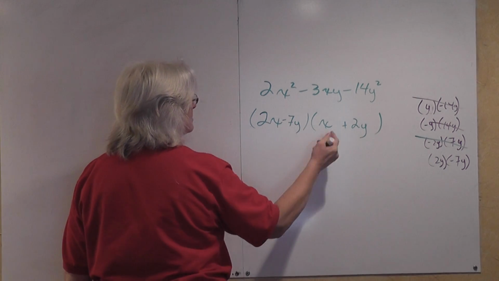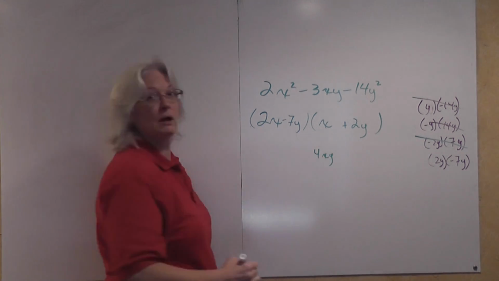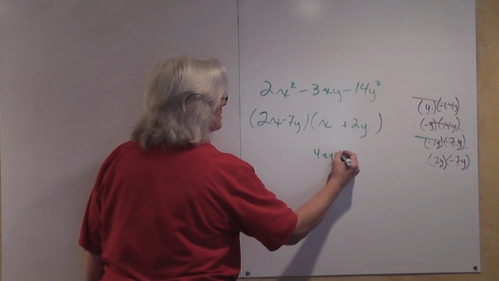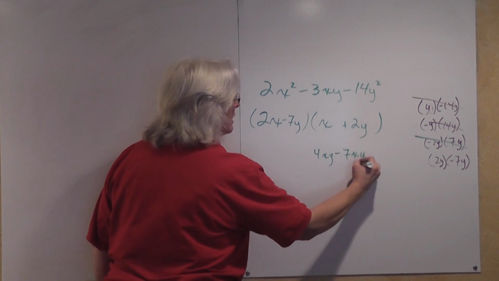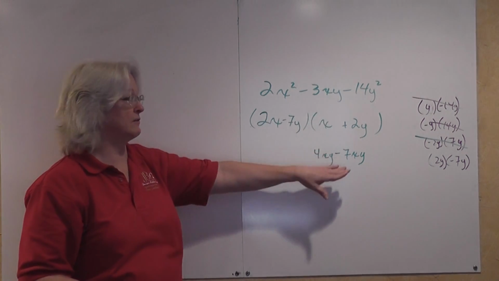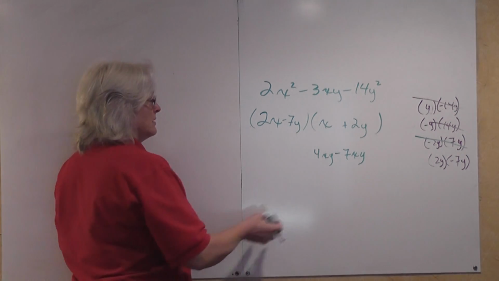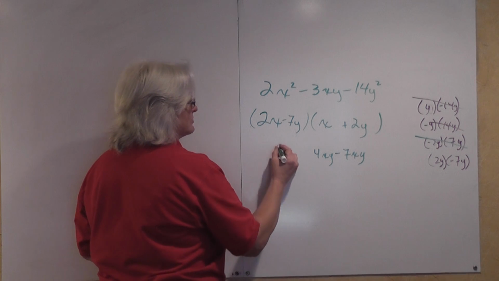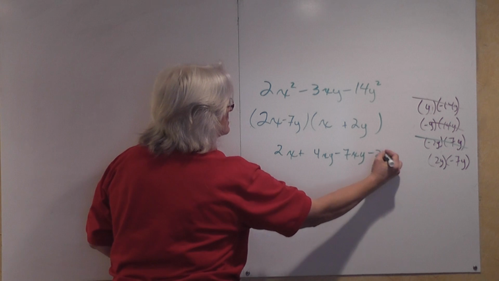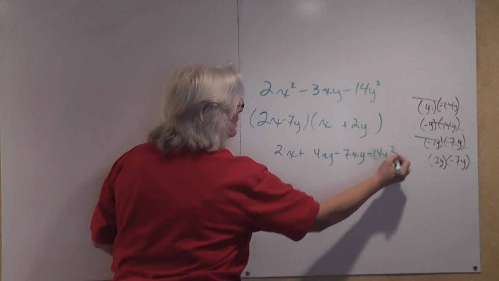Our outer product is 2x times 2y is 4xy. Our inner product, negative 7y times x, negative 7xy, which gives us a sum of negative 3xy. This finally was the solution that we were looking for. Here I have outside, inside, my first terms multiplied together, 2x squared, plus our last ones, minus 14y squared.